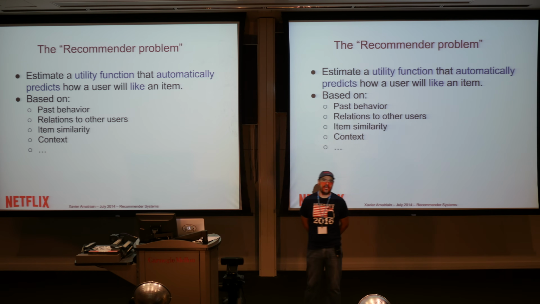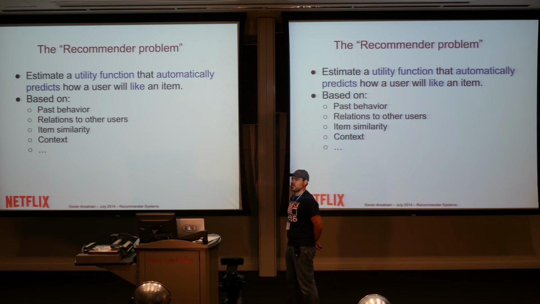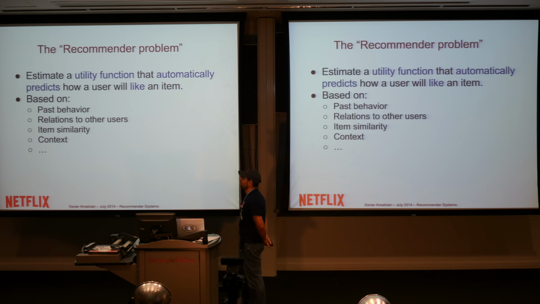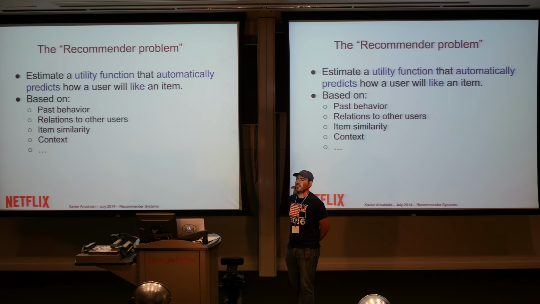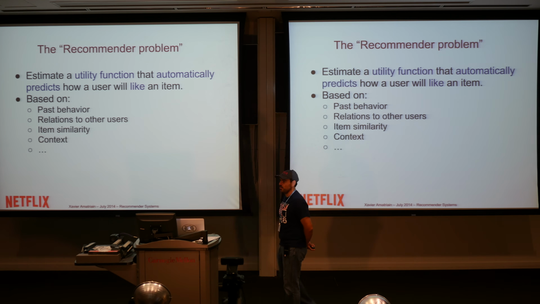It can be based on past behavior, and that will get us to collaborative filtering. It can be based on relation to other users, and we can talk about social recommendations, for example. It can be based on item similarity, and we can do content-based recommendations based on that. It can be based on context and many different things, right? So depending on the kind of information that we have available, we'll address it as a different problem and use different methods.